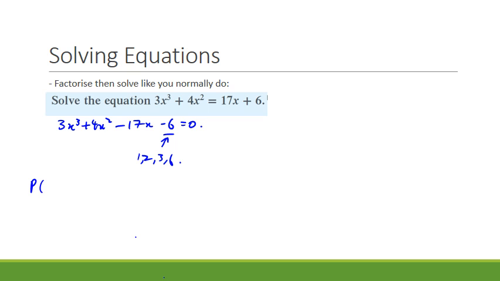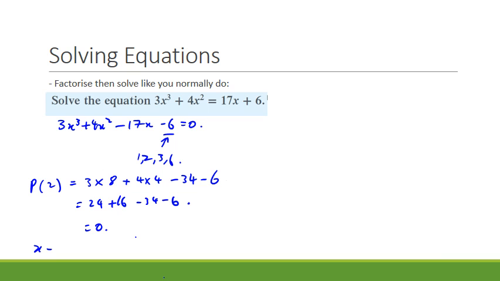So it'll have to be 2, I think. So 3 times 8 plus 4 times 4 minus 34 minus 6. We have 24 plus 16 minus 34 minus 6. That's 0. So x minus 2. Then we divide by x minus 2.